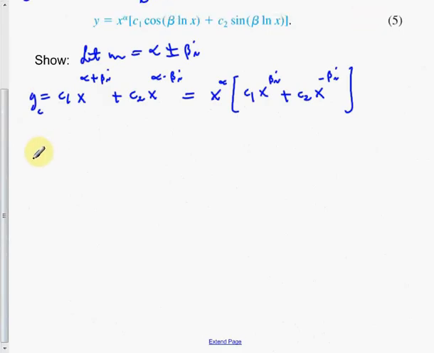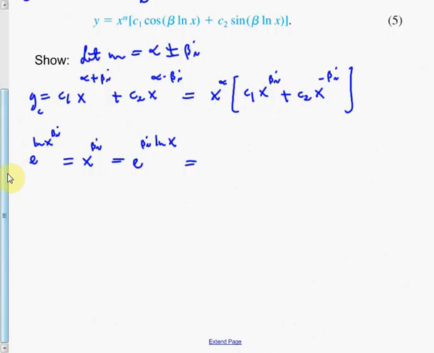What if you have this? If we have e to the natural log of x to the beta i, isn't that the same as x to the beta i? So we have the e base there, if you will. If I have an exponent here, can't you write the exponent as a multiple of the natural log? So we write this as e to the beta i times the natural log of x.